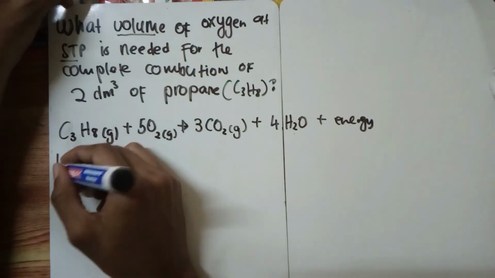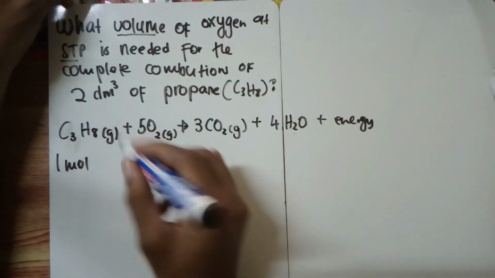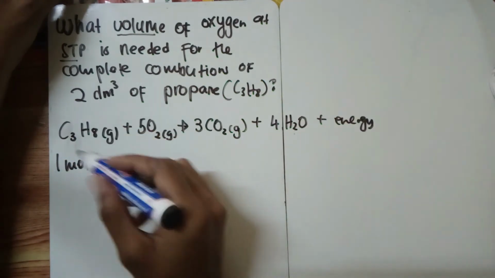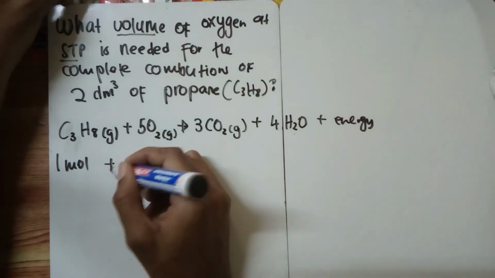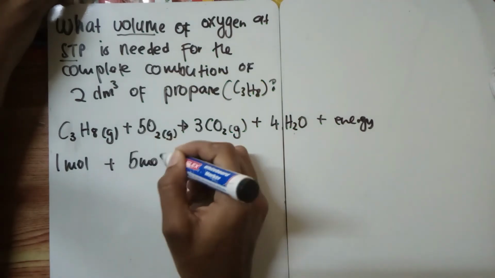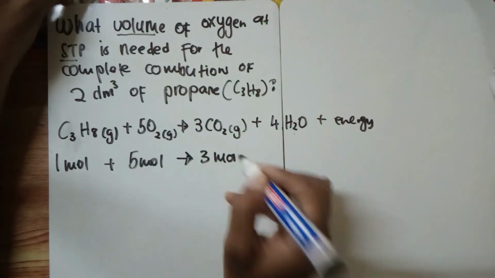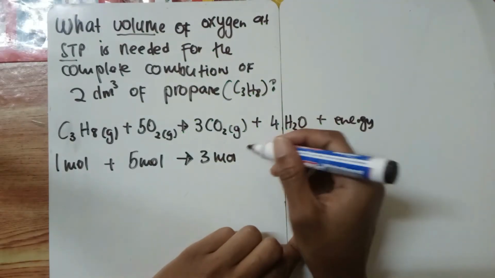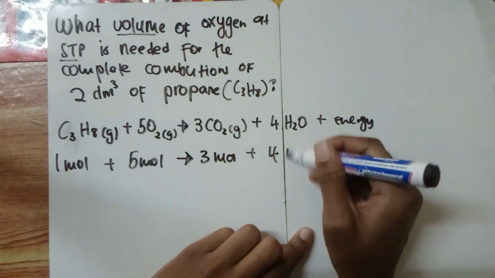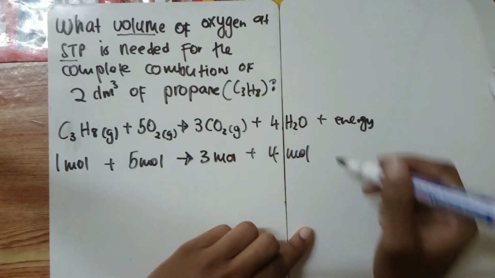So we know that for 1 mole of propane, we will need 5 moles of oxygen, which will give us 3 moles of carbon dioxide plus 4 moles of water, right?